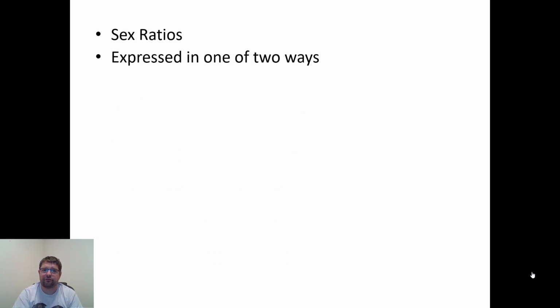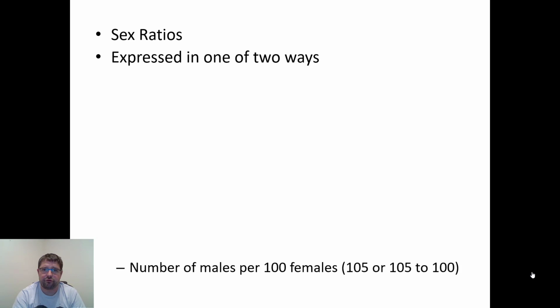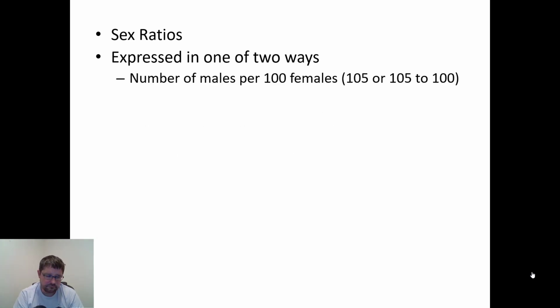All right, so let's look at sex ratios. Sex ratios are expressed in one of two ways. If you're dealing with hard numbers, it's often expressed as the number of males per 100 females. It's not actually a ratio.